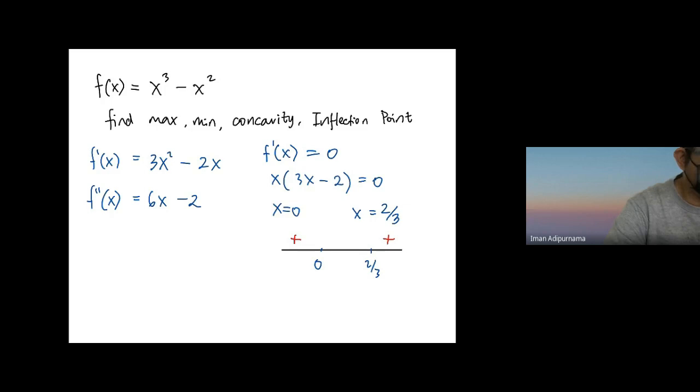Between 0 and 2/3, we can check maybe 1/3, it becomes positive times negative, so it should be negative here. From here, we can see that this is going up, going down, going down, going up, so this will be max, this will be min. Or local max, local min, that is also okay.